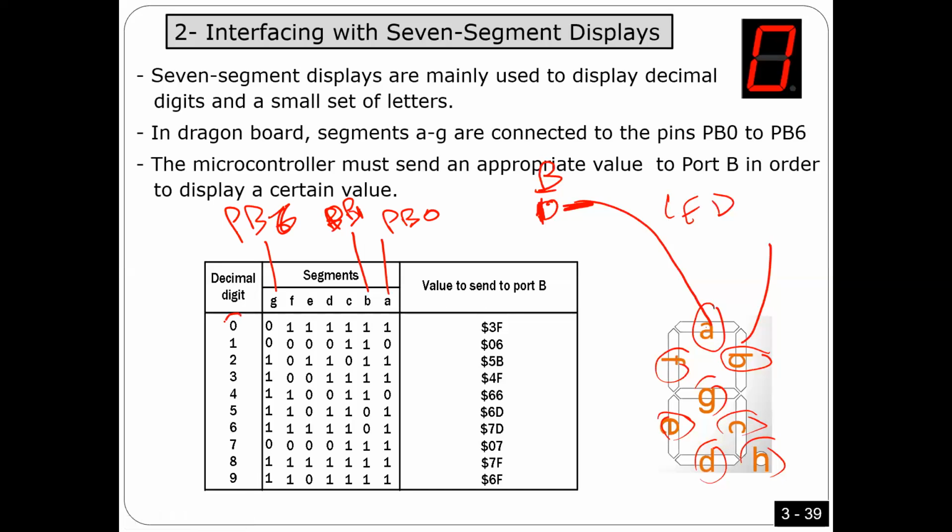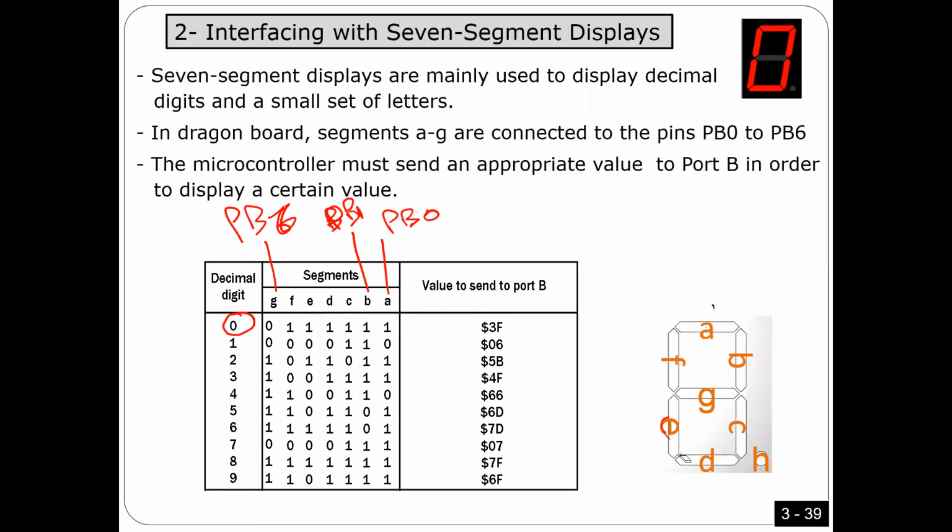If I want to make number 0, all the segments should be on except G. So this one has to be on, this one has to be on, this one has to be on, and this one should be off, right? That means to do that, this is the number I have to use in port B: 1, 1, 1, 1, 1, 1, and then G has to be 0. Is that okay? Let's have another example.